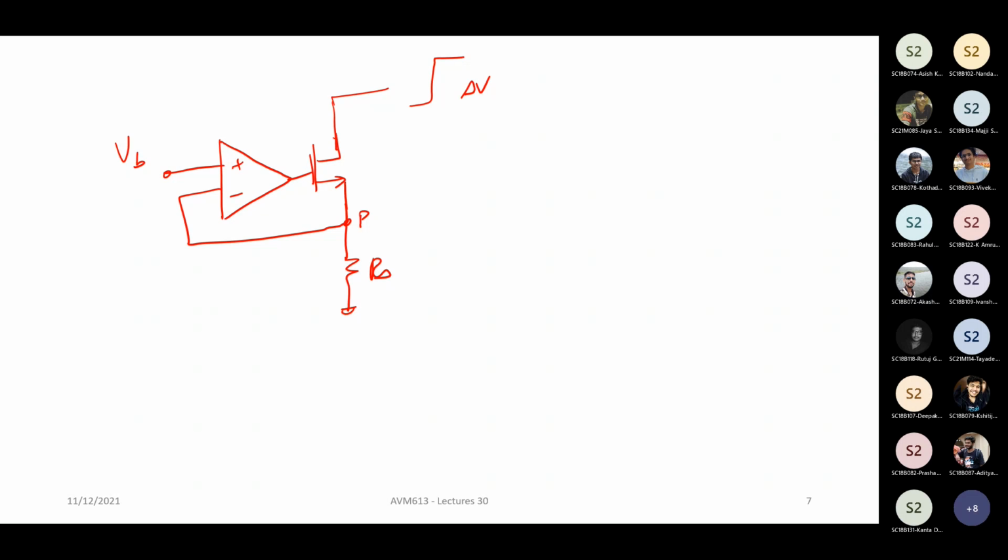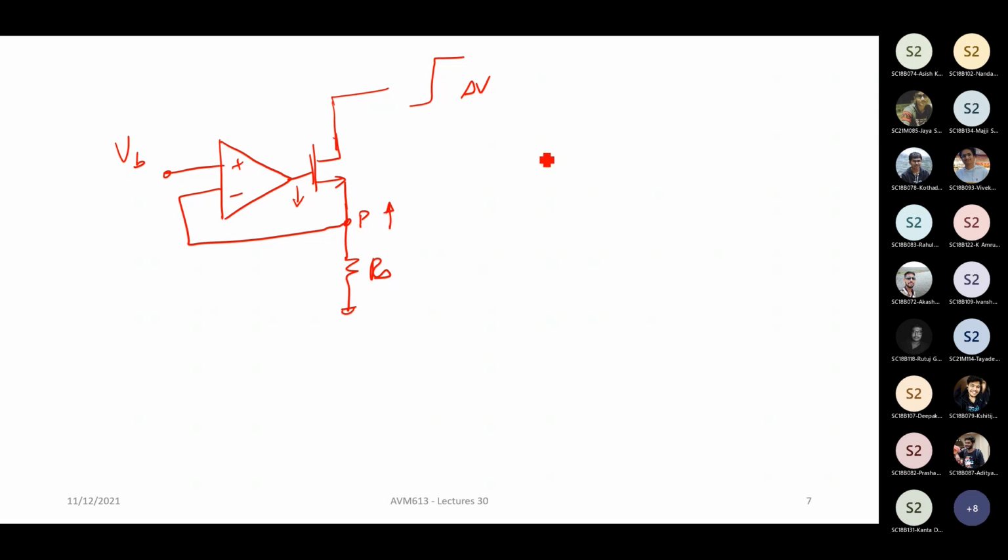Correct, right? So this is first of all a negative feedback circuit. If VP tries to increase, this means that the input differential voltage goes down. So therefore this node voltage will go down, right? So in other words, what it will try to do is to maintain VP equal to VB.